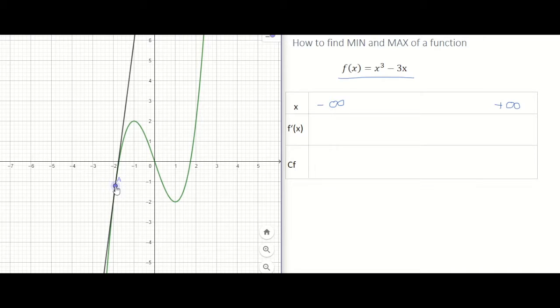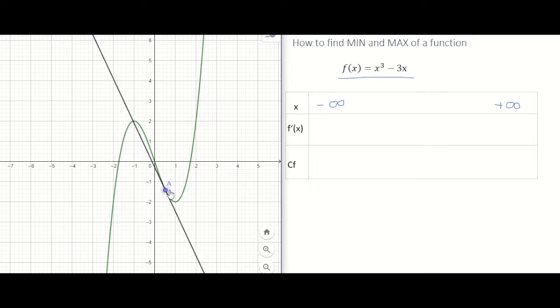As you may remember, the slope of the curve at a given point is the slope of the tangent at that point. And if we consider point A and we move it towards the maximum, the slope is positive but becomes smaller and smaller until we reach the maximum point where the slope is 0. So at this point, your dy by dx is also going to be 0. And then similarly, when we move towards the minimum, the slope turns to negative.